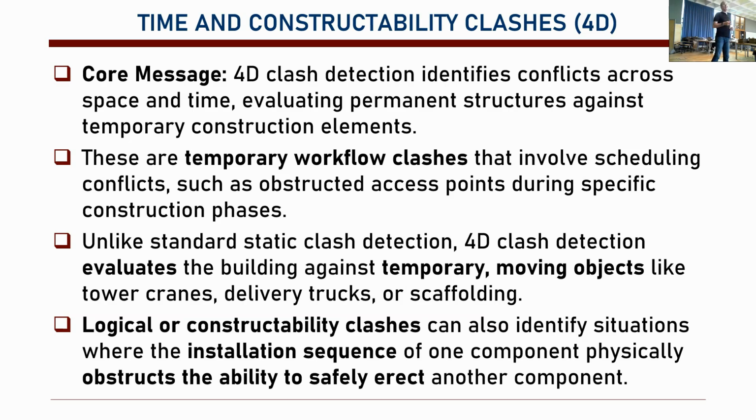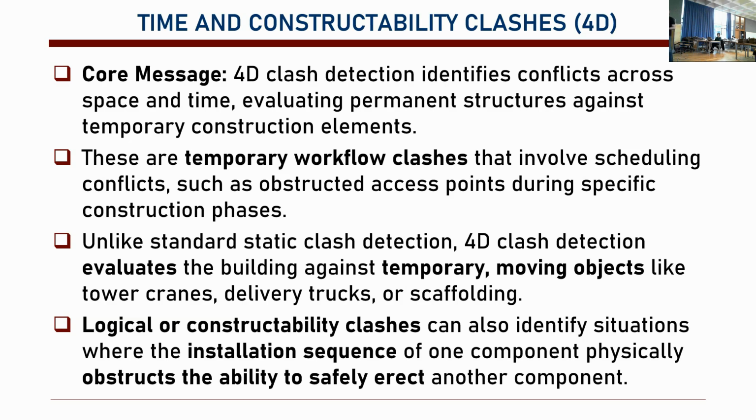So what are they? Temporary moving objects like tower cranes, delivery trucks, scaffolding. Like, you're putting a scaffolding somewhere, and you want to know if you really can put it there at that time when the construction works, or if it blocks a passage, for instance. So we call these logical or constructibility clashes.